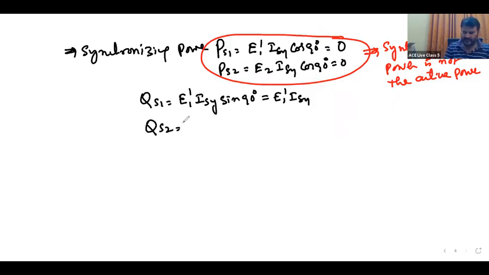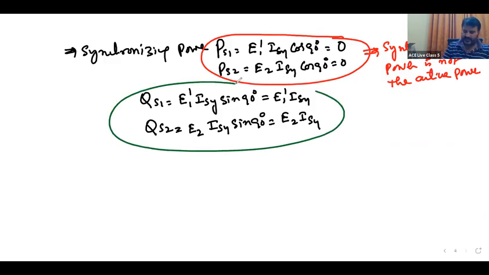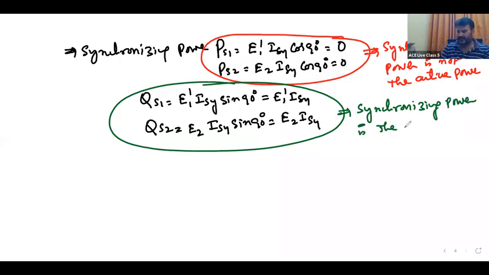Similarly, QS2 is equal to E2 into ISY sin 90. Reactive power is voltage into current into sine of the angle, the sine component. Active power means the cos component. Therefore, synchronizing power is the reactive power.